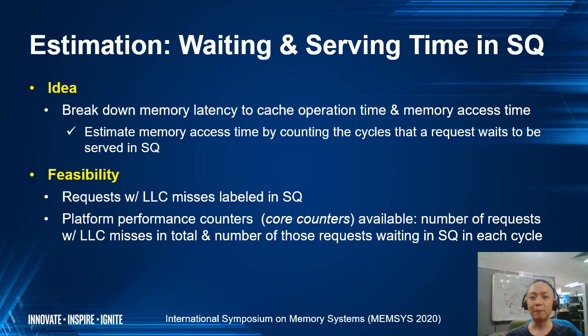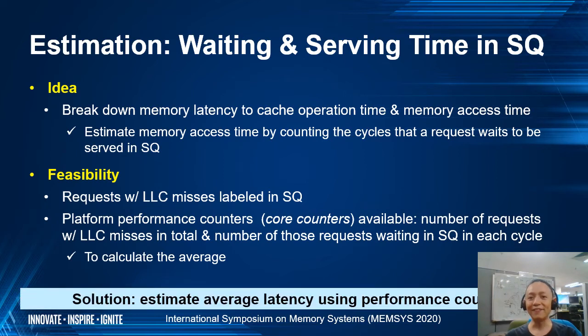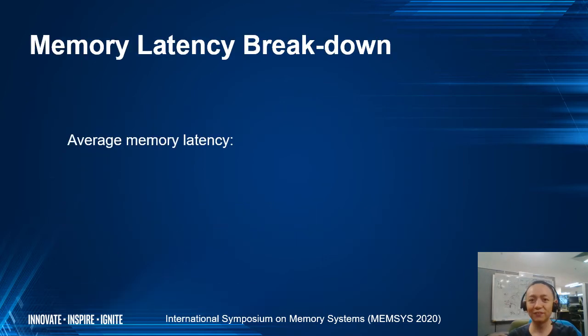A counter provides the total number of unique requests with LLC misses. Another counter gets incremented in each cycle with the number of those requests waiting in the superqueue. Combining the two counters, we are able to calculate the average cycles. In summary, our solution estimates the average memory access latency using performance counters.